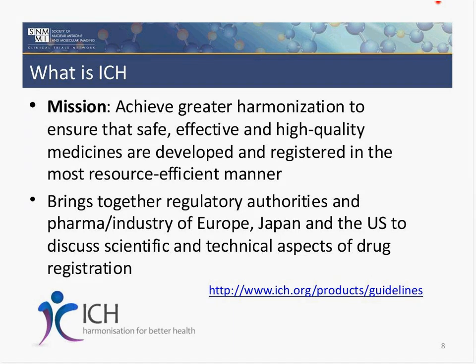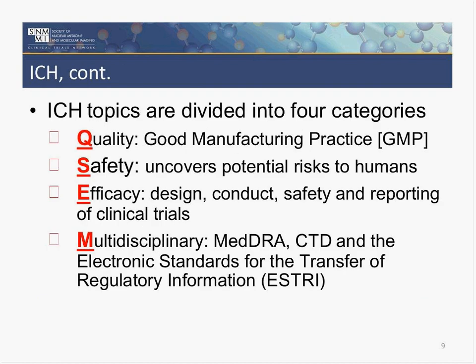It brings together regulatory authorities and the pharma industry of Europe, Japan, and the U.S. to discuss scientific and technical aspects of drug registration, meaning the filing that you would do with a regulatory agency in order to obtain approval to market that drug.